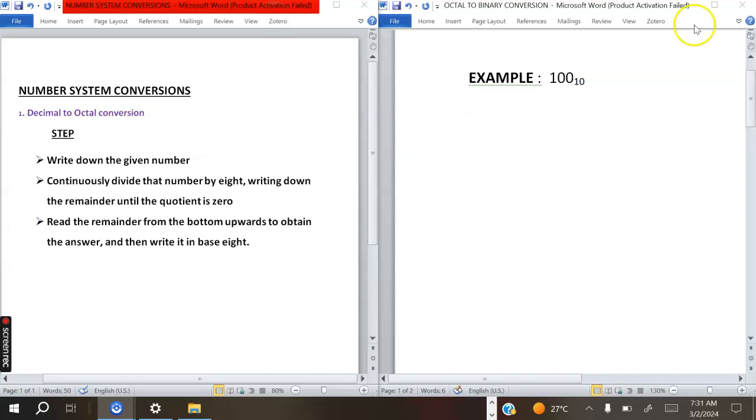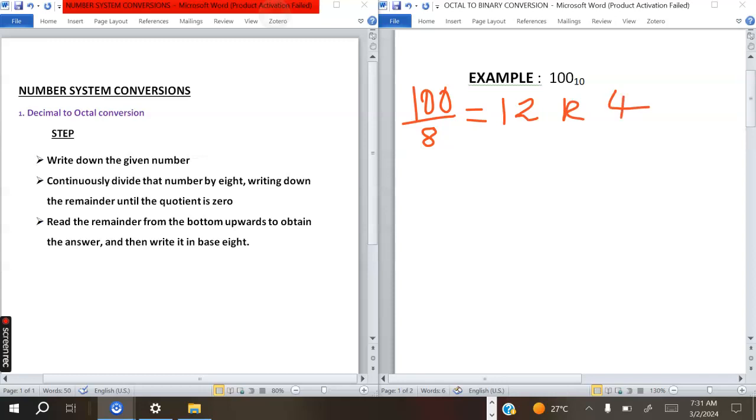So this is 100 divided by 8, and the answer is 12, remainder 4.